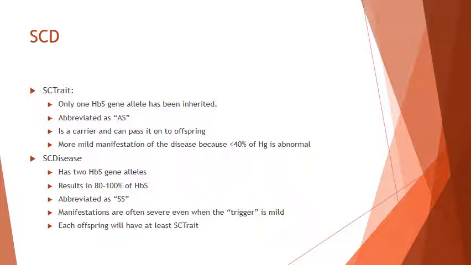The manifestations of sickle cell disease are often severe even when the trigger is mild, and we will talk about those shortly. Each offspring of a person with sickle cell disease will have at least the sickle cell trait. Refer back to the previous slide if you want to see that, but you have a chance of passing it on to any offspring, depending on who you marry.